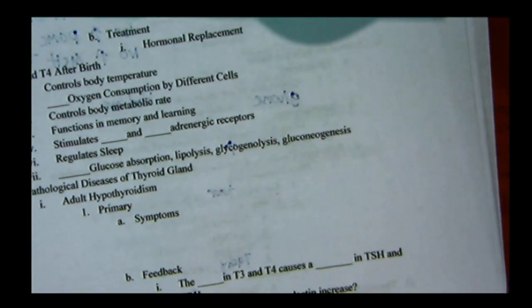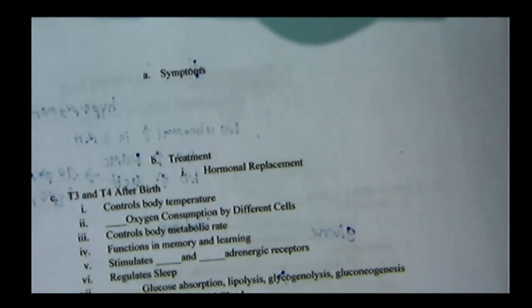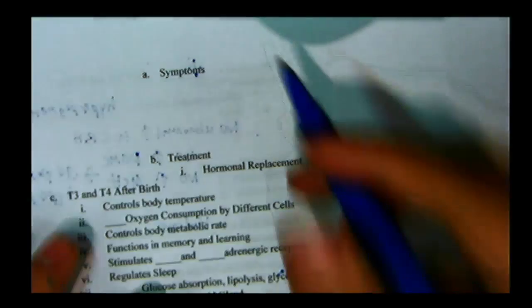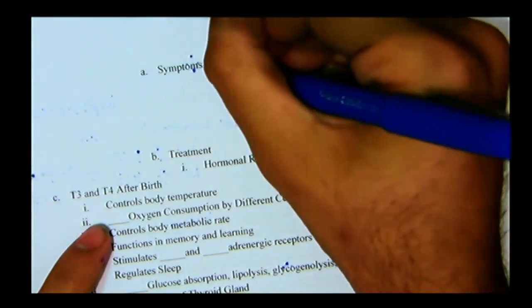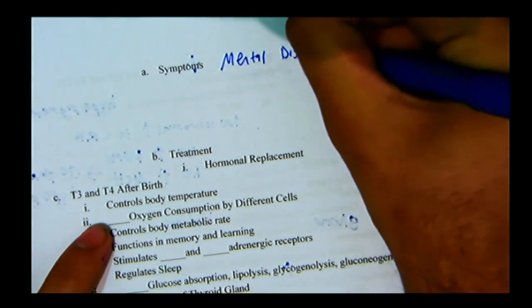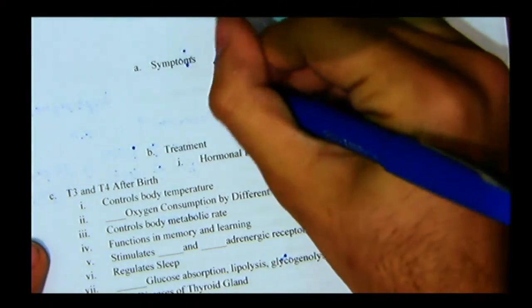So the symptoms, what will you see in a baby that doesn't have T3, T4? Yeah, so mental disorder. What else? Speech disorder. Speech, memory, learning disorder.